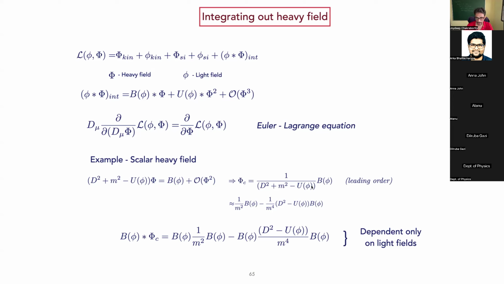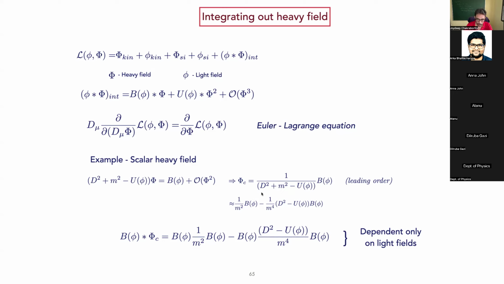Now, here we'll assume that the momentum transfer through this UV interaction that I'm talking about is small compared to the mass of the heavy field. That means the energy scale that you are talking about, looking at the UV theory, is much, much smaller compared to the mass of the heavy fields that you are integrating out, such that we can perform the binomial expansion with respect to this.